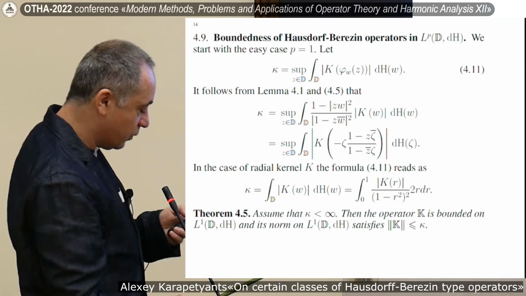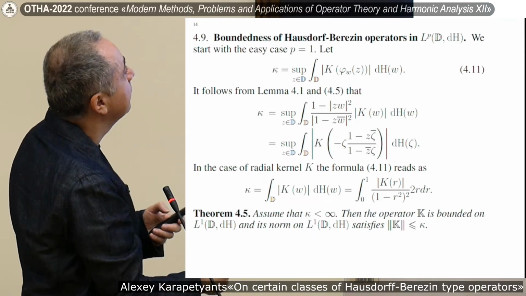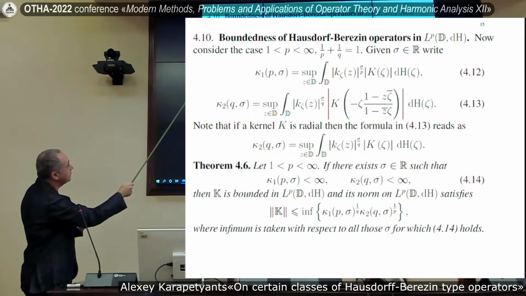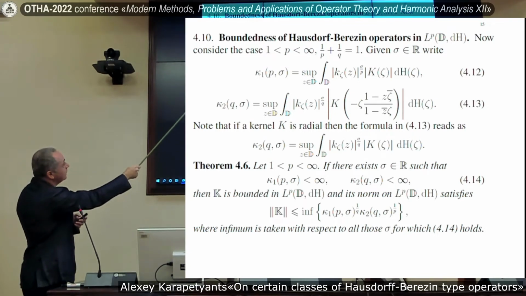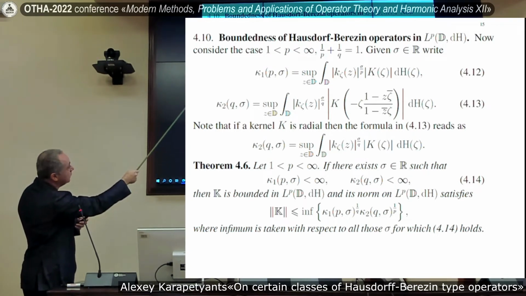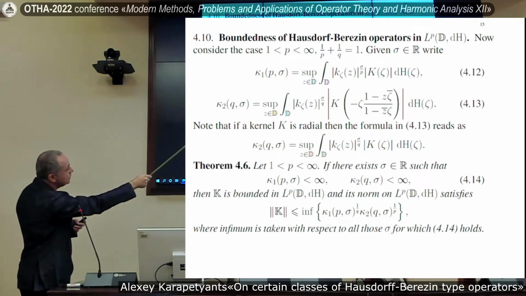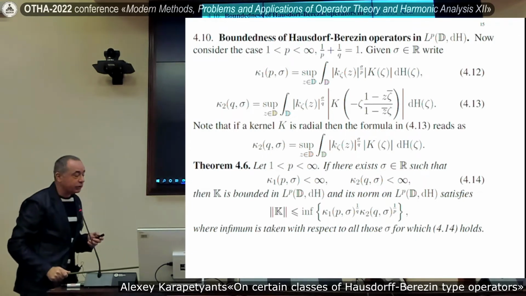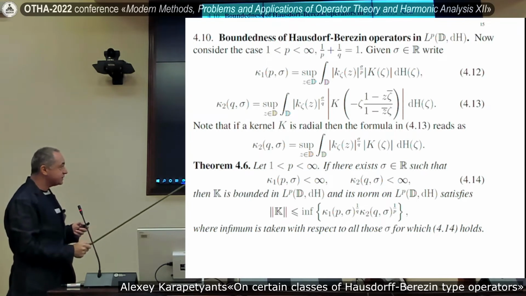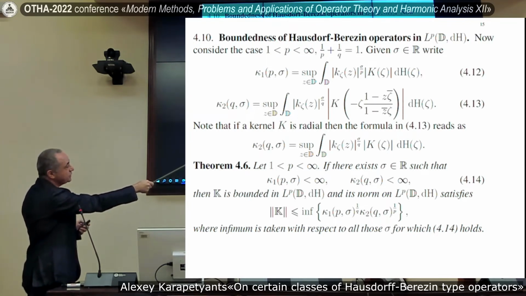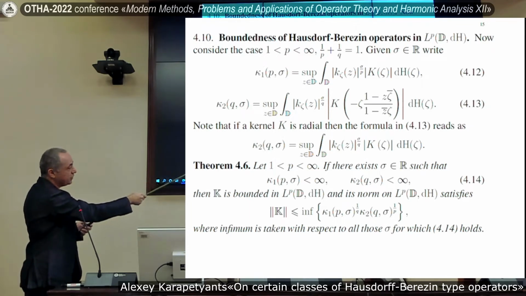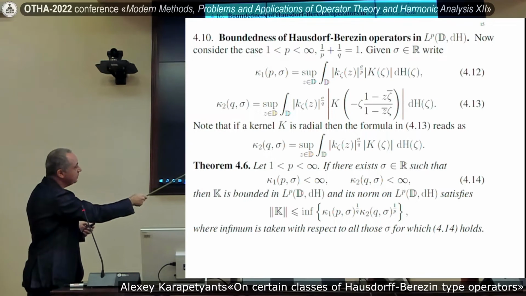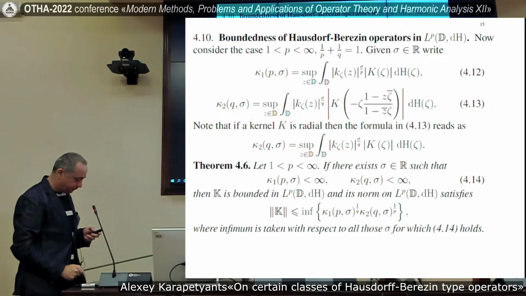We can just prove the boundedness in L1, and the norm is bounded by K. More general theorem, boundedness in LP, we introduce K1 and K2. You can see a kind of non-symmetry here, but it's natural for the situation. And here you can see these coherent states, normalized Bergman kernels. So the theorem says if there exists at least one sigma such that these numbers are finite, then the operator is bounded in LP and the norm is bounded by this constant.